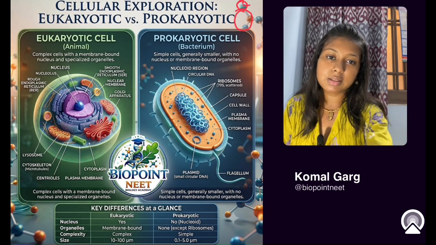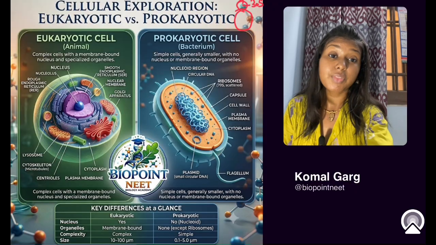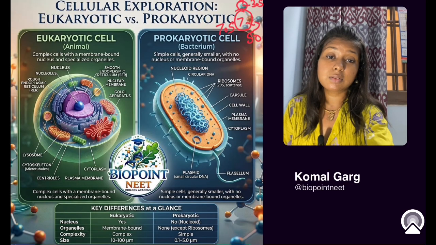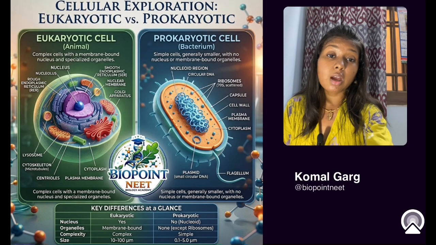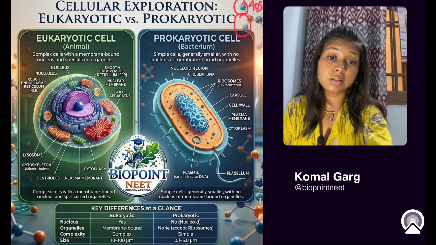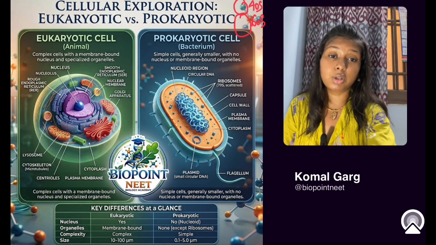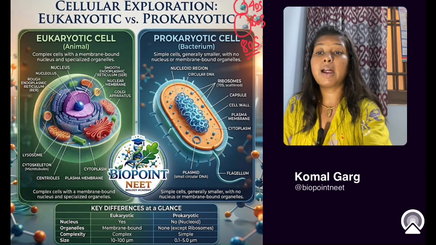In prokaryotic cells, the small subunit is 30S, whereas the large subunit is 50S, so the total is 70S. In eukaryotes, the small subunit is 40S, whereas the large subunit is 60S, and the total, looking at its density and volume, becomes 80S. Okay, so that is very much important.